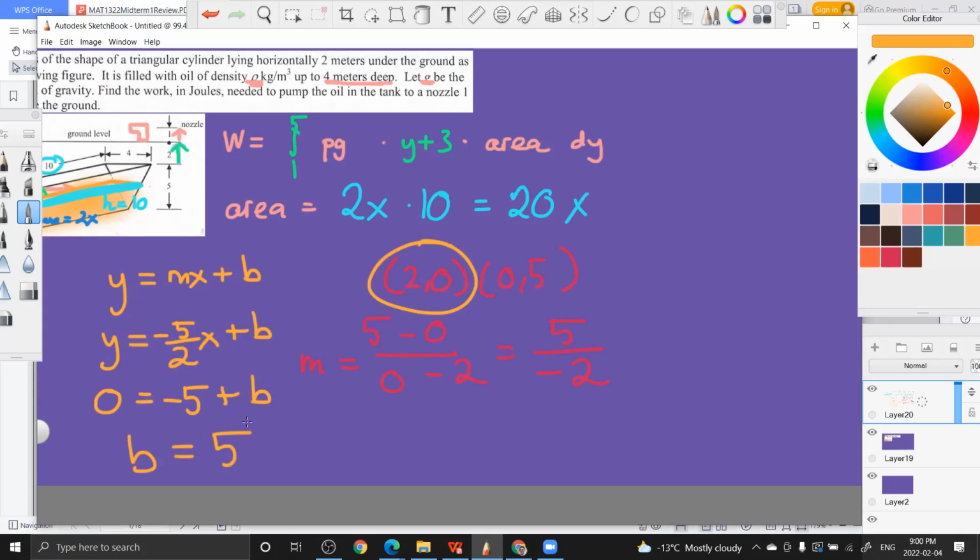Does that make sense? Okay, you understand it. That's great. For that reason, the formula is y equals negative 5 over 2 x plus 5. That is correct, yeah.